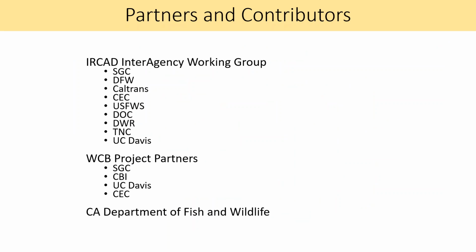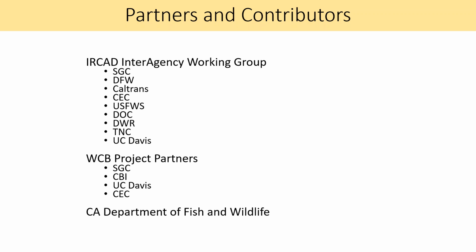The people that have been working on this overall project, or the groups, there's been an interagency working group for the overall Integrated Regional Conservation Development Program, with the organizations that you can see listed on this slide.